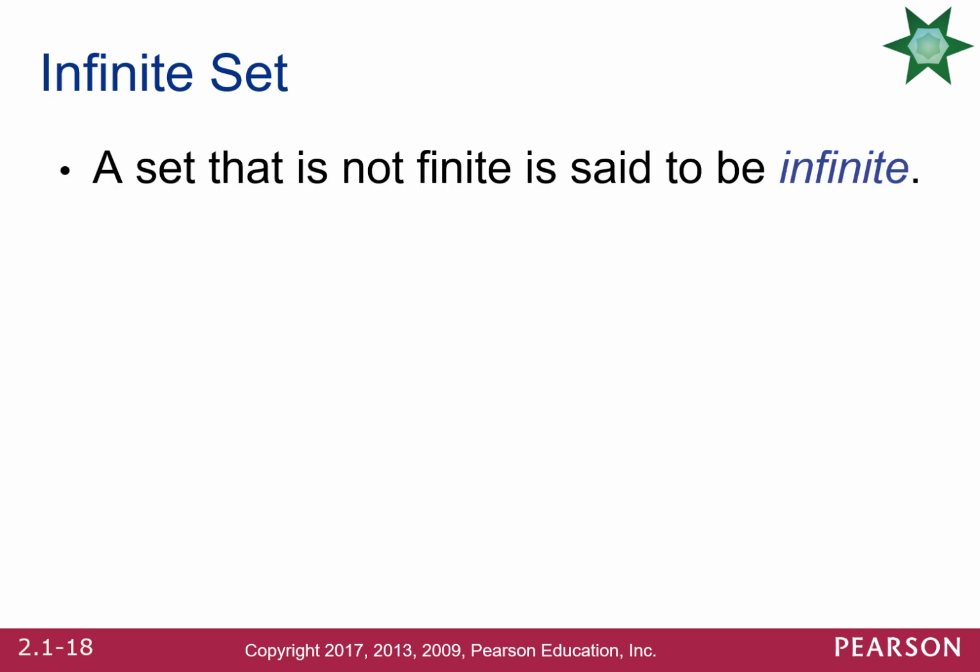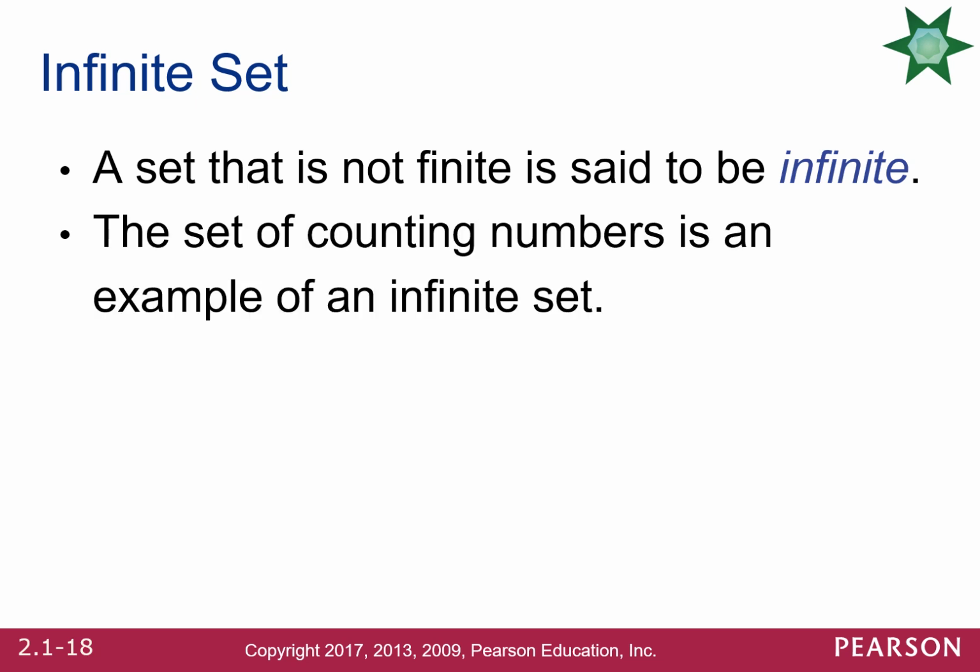Likewise, an infinite set is one which is not finite. The set of counting numbers is an example of an infinite set. So counting numbers are separate from natural numbers. Remember, for a set to be finite, the total number of elements should be a natural number, correct?